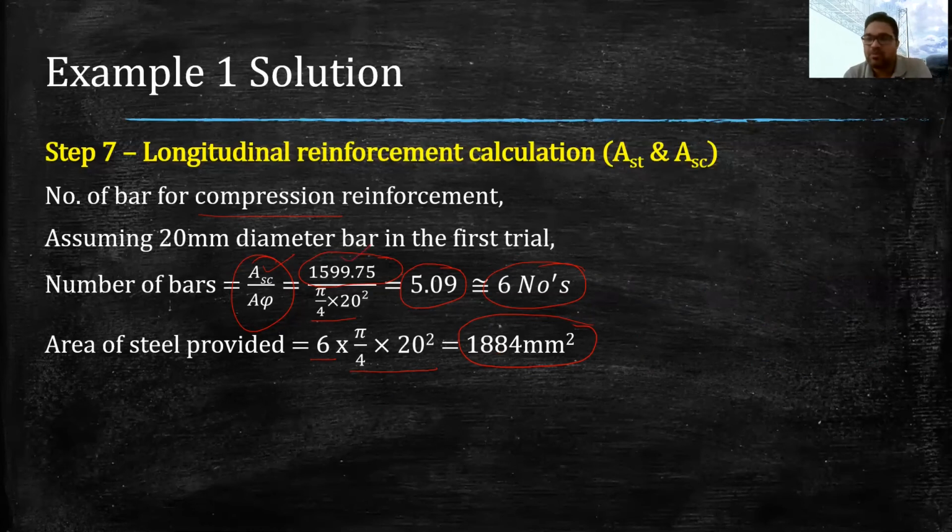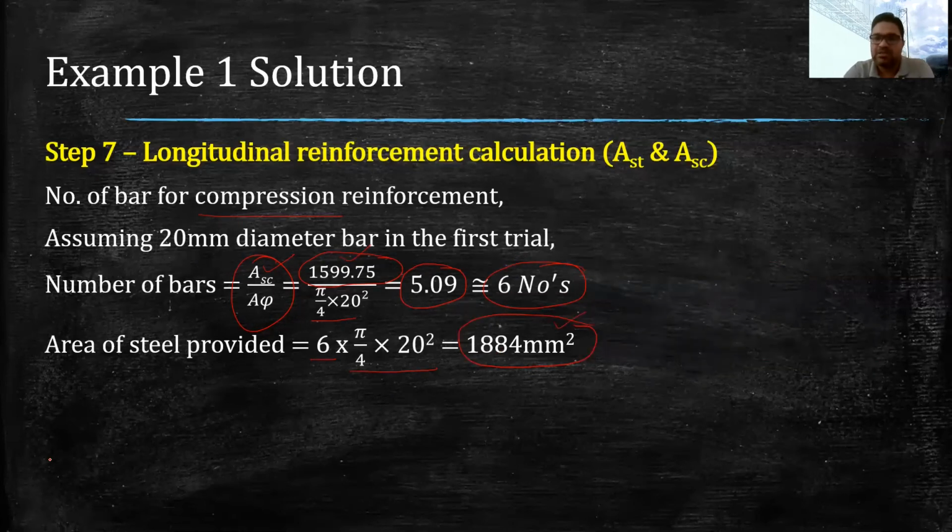So we are actually providing 284 mm square area extra. This 284, which is the difference between these two, can be reduced by using a combination of dia of bars. So in the first trial, I can say that this is very huge.